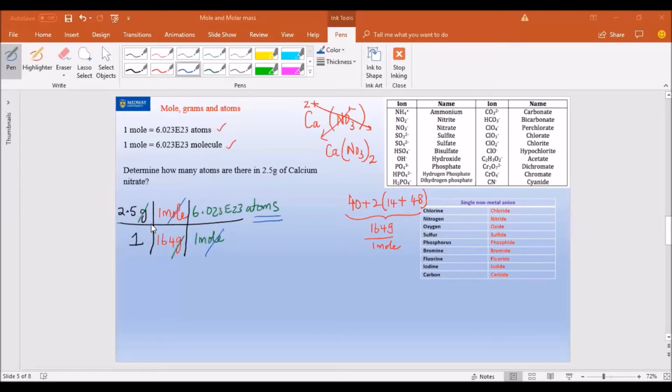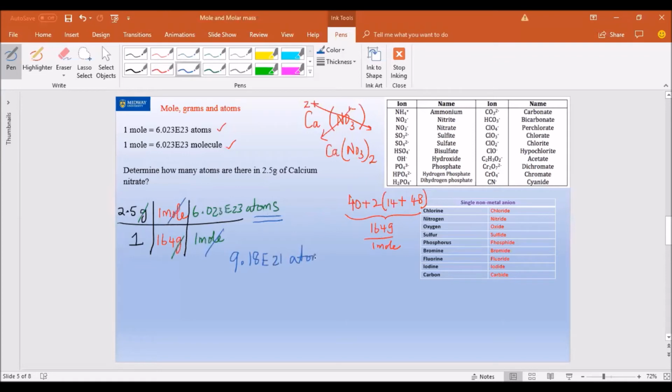And then multiply this by 6.023. Hit the second button once, and then hit the comma button once, and then enter 23. Hit enter, and your answer is 9.18 e to the 21 atoms.